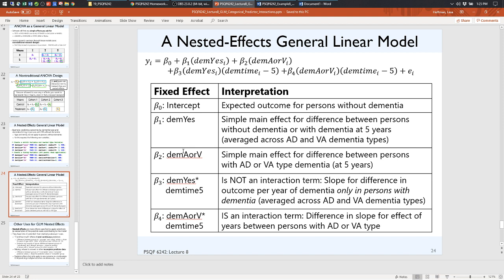Like if you had a sample of men and women and you wanted to put in there the number of children you've given birth to, that variable is going to be missing for men, right? So you could make it a predictor only for women with this approach and still put it in the model. It's called a nested effect. So it looks like an interaction term, but what happens is you leave out the other main effects so that it's not an interaction, it's a nested effect.